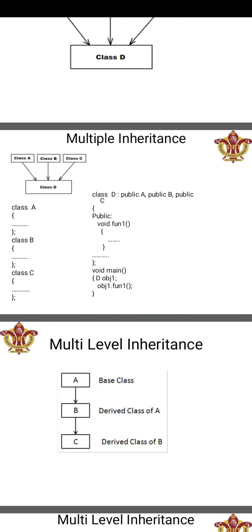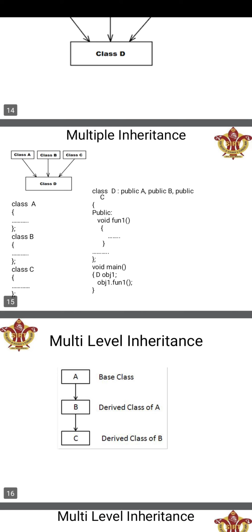And I have also mentioned that there is one function in class A which is in the public section. Same is the case with B and C also. So the three functions of class A, B and C which were defined in the public section of these classes respectively will be inherited in the public section of the derived class.